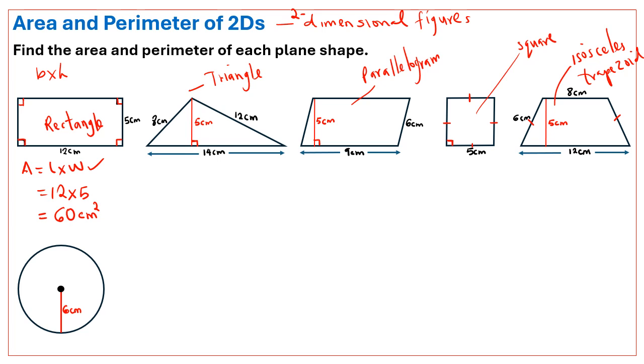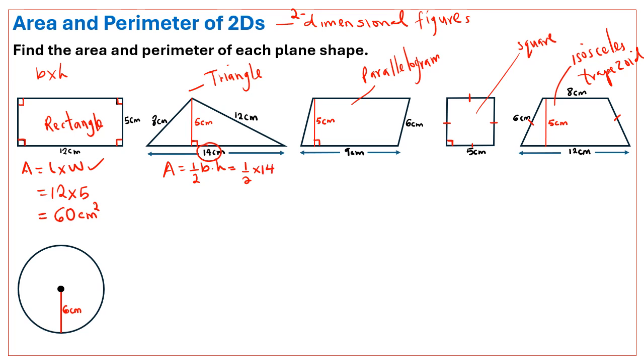All right, let's go ahead and do triangles. The area of a triangle: let's write A is equal to half times the base times the height. So we have 1 over 2 times the base, which is 14, and the height is 5.